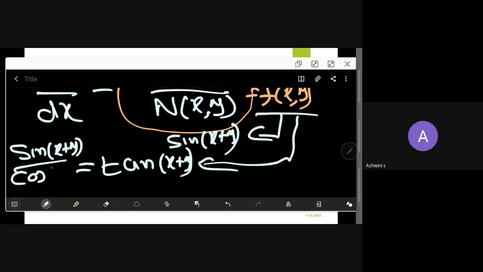So something like this is what I mean to say. Not every function can be written as a rational function. Rational function means p by q form or M by N form.